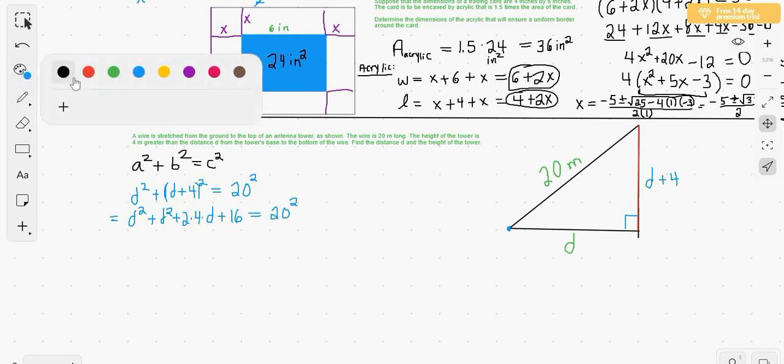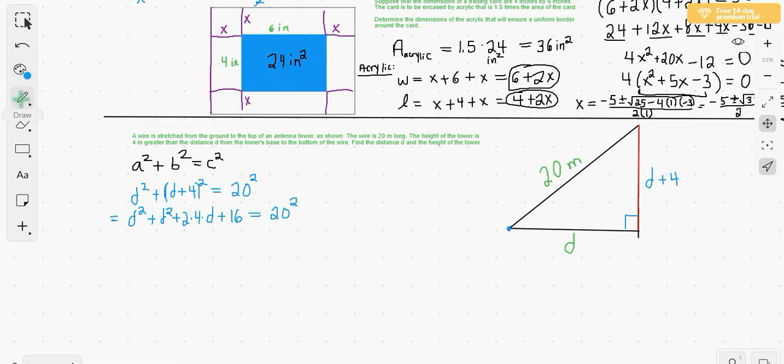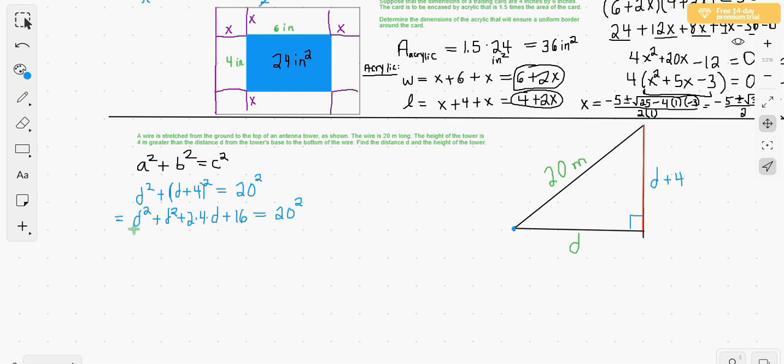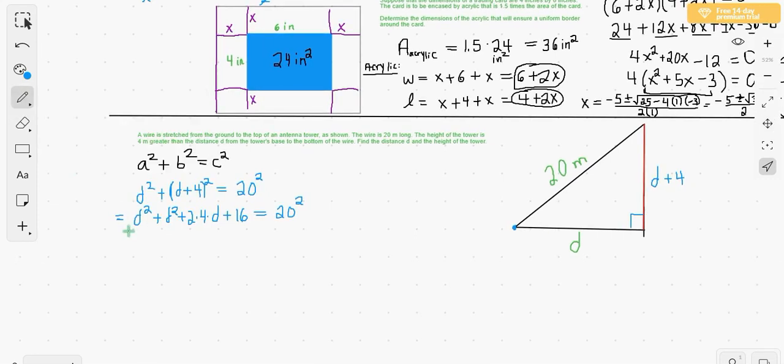This is getting a little bit sloppy looking, my apologies, but let's simplify this. We've got d squared, those add to make 2d squared. We've got 2 times 4 times d, that's 8d.